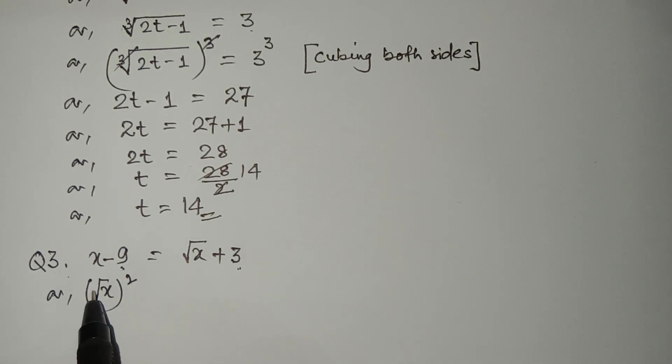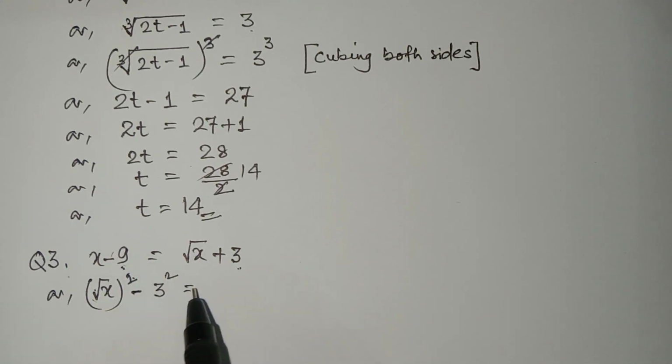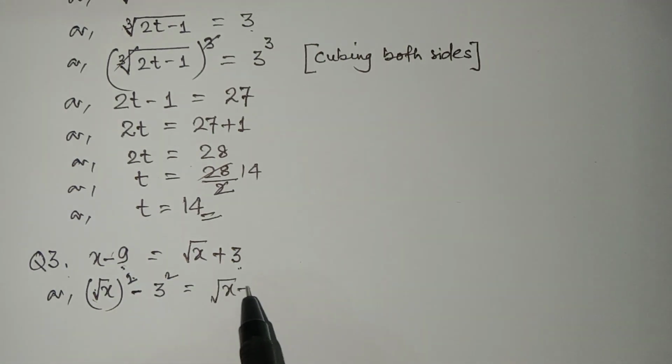What is the order of this root? The order of this root is 2. So if I raise to power 2, then I will get rid of this root, and I have x here. So here the square root of x squared minus 9, which is the square of 3, is equal to root x plus 3.